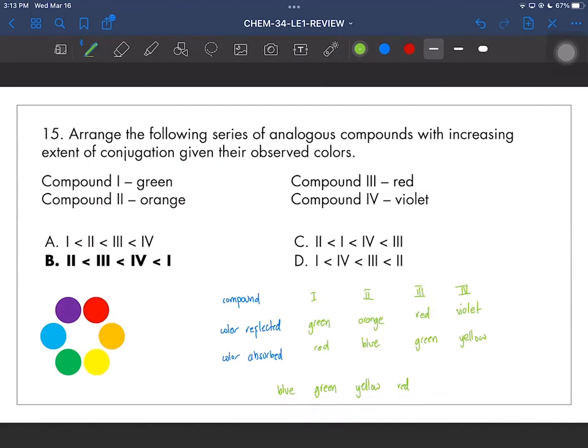The one that absorbed blue light is compound 2. The one that absorbed green light was compound 3. The one that absorbed yellow was compound 4. And the one that absorbed red was compound 1. So we have this arrangement, 2, 3, 4, 1, which we see in letter B. So our answer would be letter B.